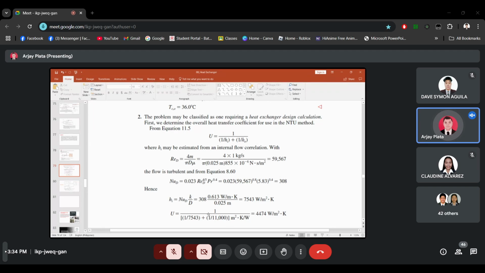This 11,000 is given in the problem. So we have a U value of 4,474 watt per square meter Kelvin.